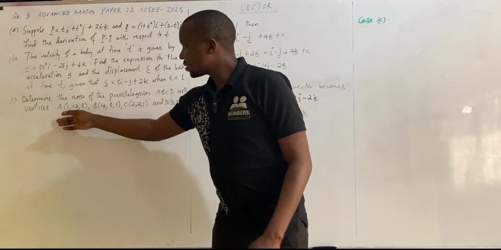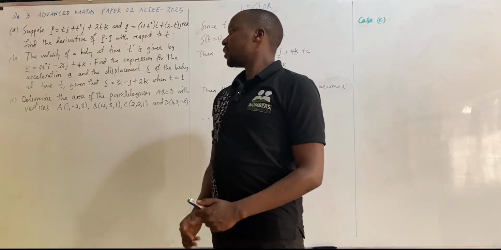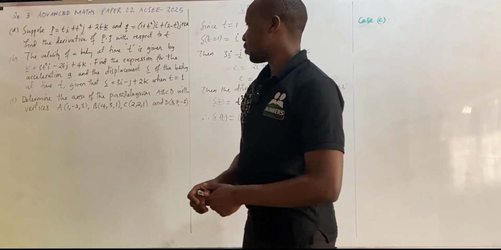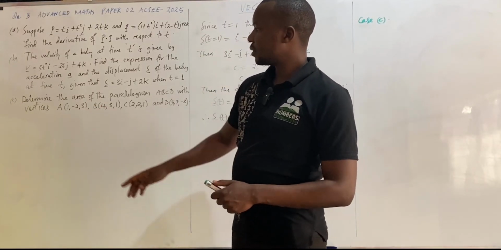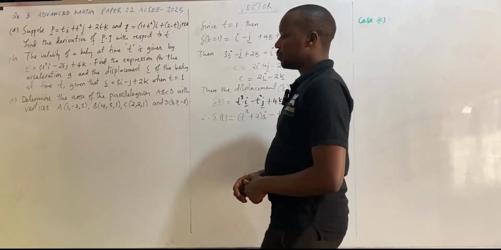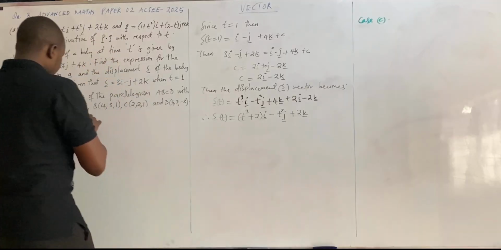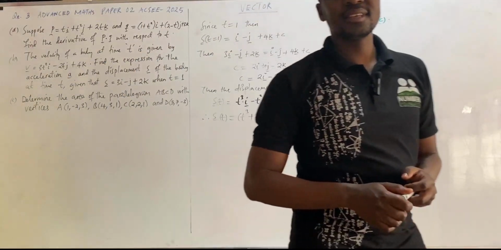So all these vertices represent position vectors. It means that the one for point A is vector OA from the origin. That for point B, the vertex B, represents the vector OB. That's why we say they are positional vectors. It means they originate from the origin of the XYZ plane.